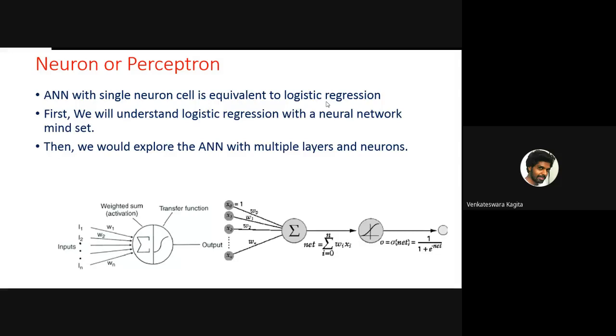In logistic regression, we first compute the net sum, that is theta naught x naught, theta 2 x2, theta 3 x3, and so on up to theta n xn, and then we pass it to the sigmoid function.